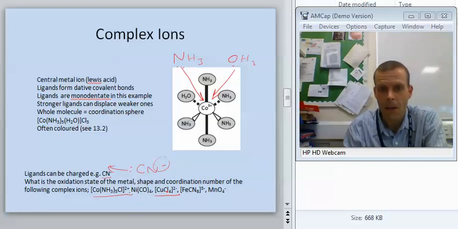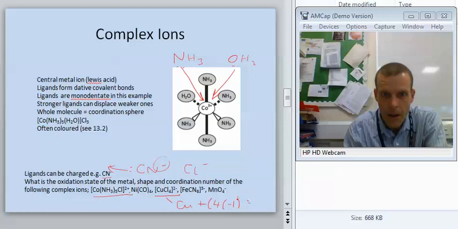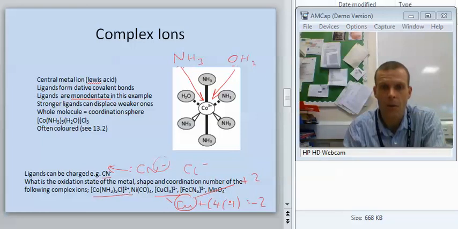So if I take this one as an example, because Cl is a negatively charged ligand, Cl minus, I've got a Cu, I've got 4 lots of -1, and overall that's equal to a total charge of -2, which means my copper must be +2, solving that equation. And you can do that for these other ones.